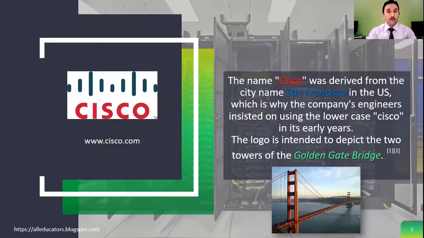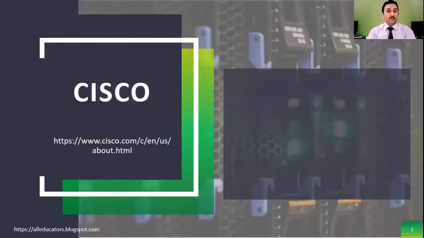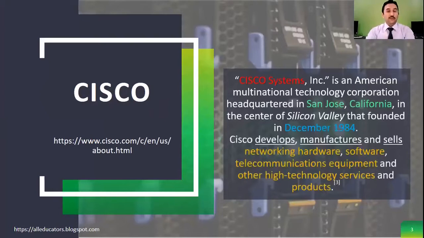The logo is intended to depict the two towers of the Golden Gate Bridge. Cisco Systems, Inc. is an American multinational technology corporation headquartered in San Jose, California, in the center of Silicon Valley, founded in December 1984.